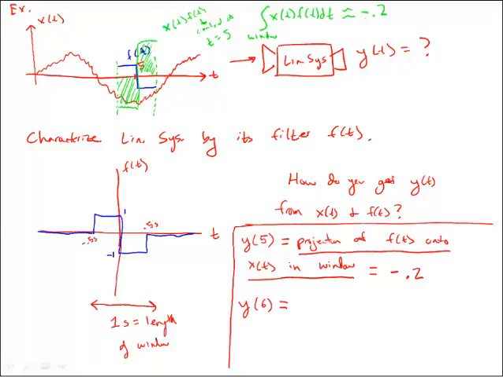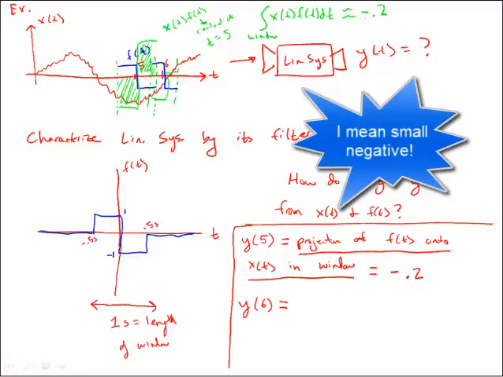Now what we do is, again, we find t equals 6, maybe over here. We select our window, draw the filter in the window, multiply the curves together. So now it's maybe big negative, small positive.